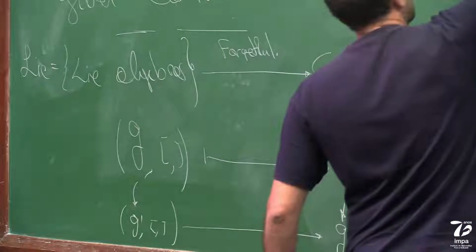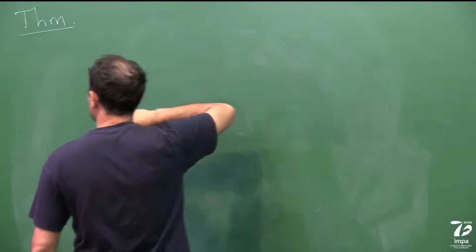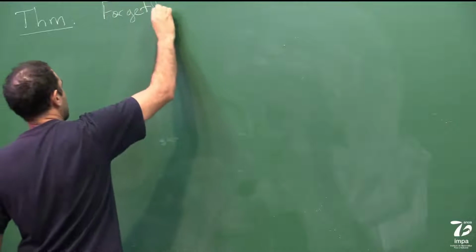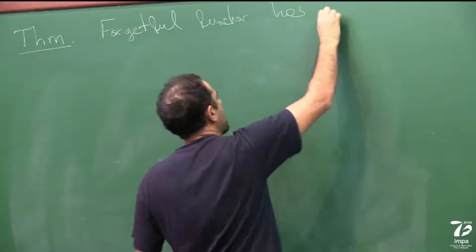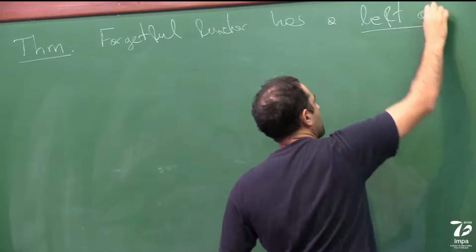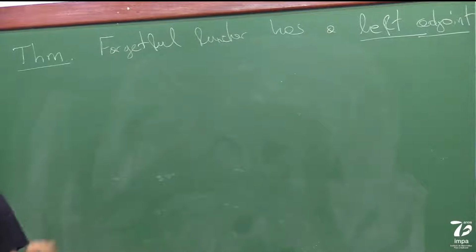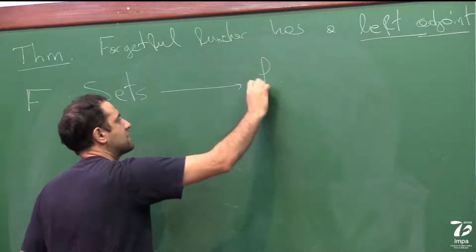So theorem, which I'm told Jethro is going to prove next class, is that this functor has a left adjoint. Let me call it F, not for forgetful, but for free. So this is a functor from the category of sets to the category of Lie algebras.